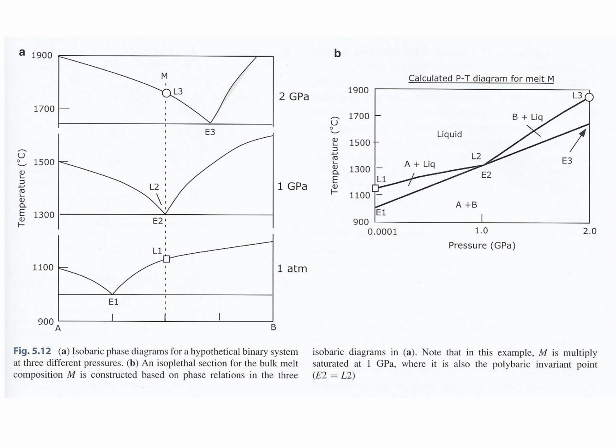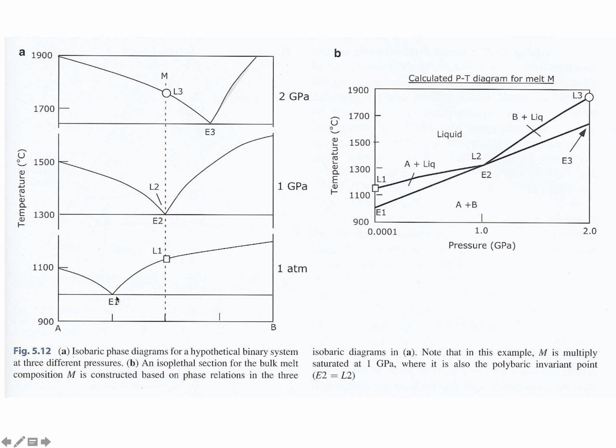So here we have another nice diagram on the left-hand side showing how the eutectic point moves depending on the pressure. Here we have 1 atmosphere, 1 gigapascal, 2 gigapascal.